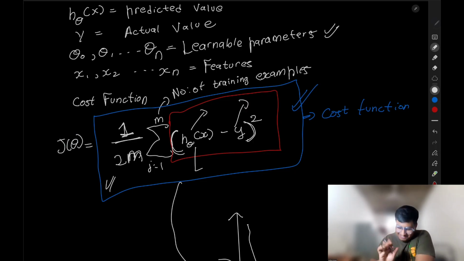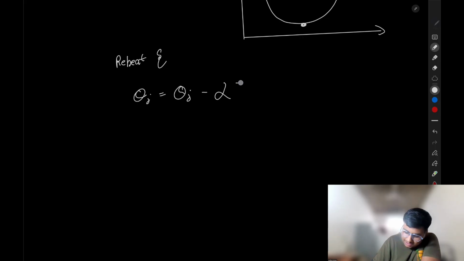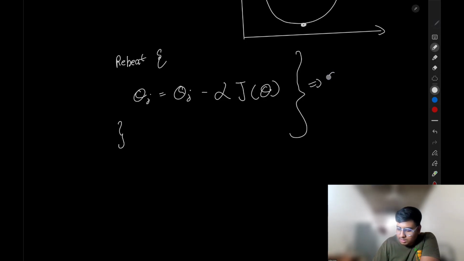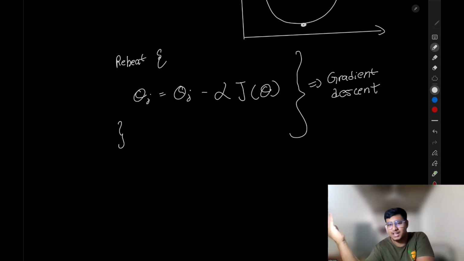Don't worry. I know it looks a little bit complicated. It looked that way to me also. So this is the whole algorithm of gradient descent. If there are any spelling errors in this video, I'm sorry for that in advance.